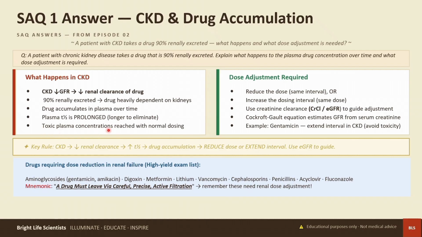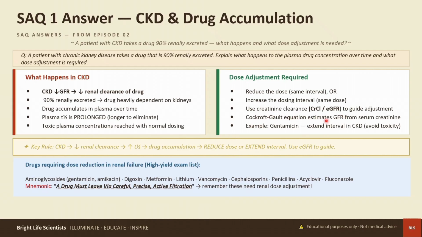The key rule here is chronic kidney disease leads to reduced renal clearance, which leads to increased half-life, which then leads to drug accumulation. So we must either reduce the dose, keeping the same interval, or extend the interval, keeping the same dose. We use creatinine clearance calculated using the Cockcroft-Gault equation to guide exactly how much to adjust.